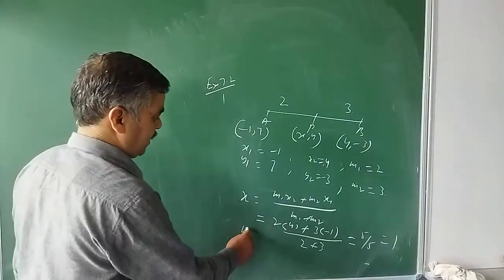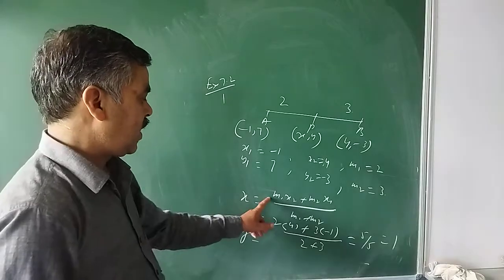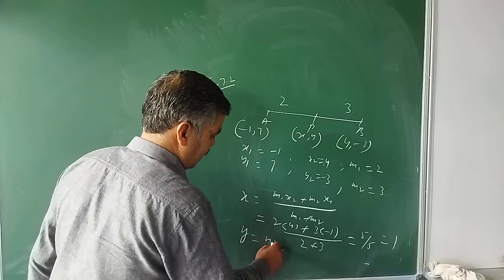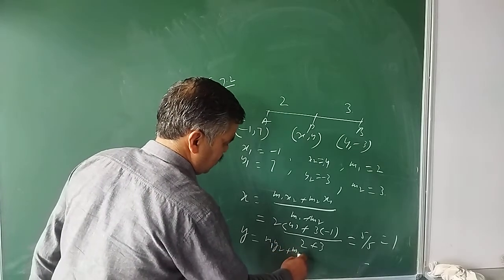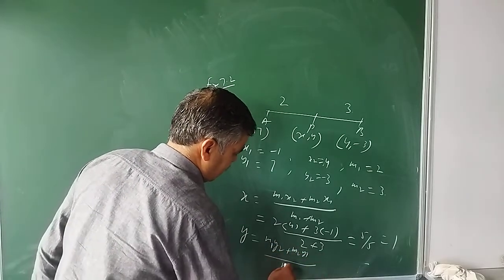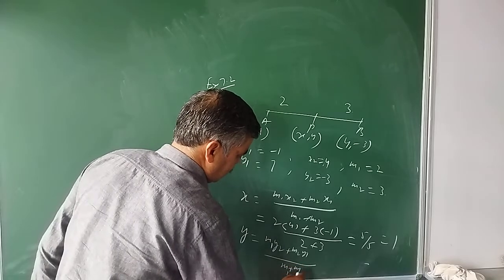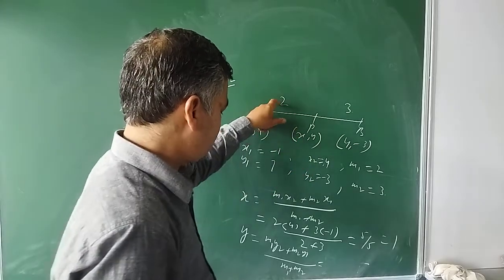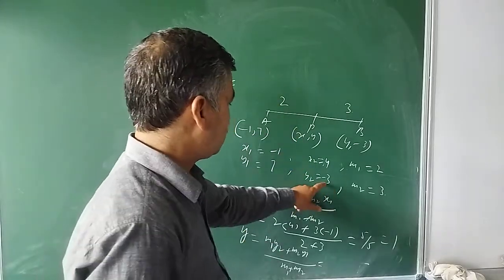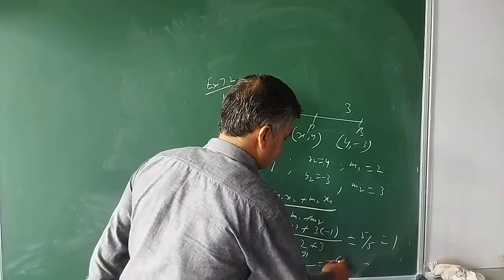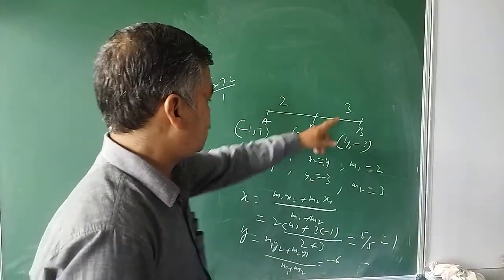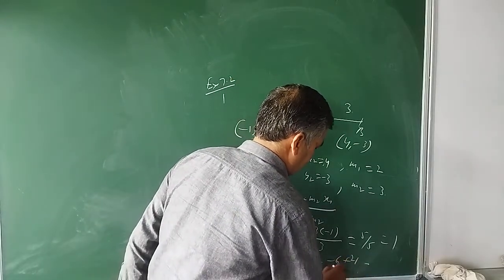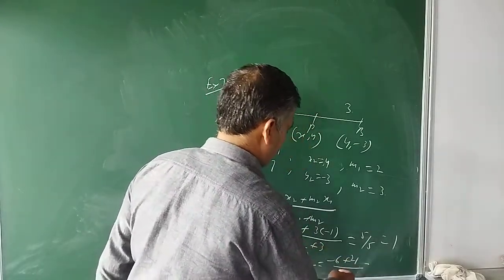And similarly you can apply for y. Y is m1 y2 plus m2 y1 upon m1 plus m2. So you can substitute these values. Look at this. m1 is 2, y2 is -3, so it becomes -6. m2 is 3 and y1 is 7, so plus 21, divided by, again, 5.